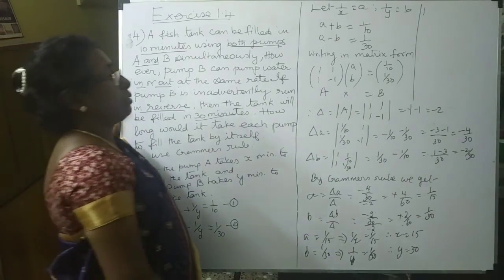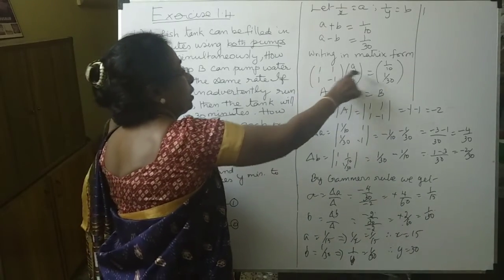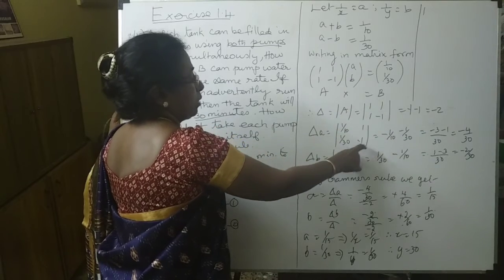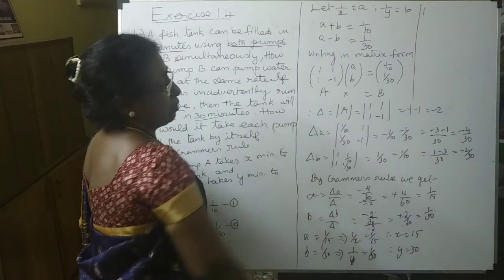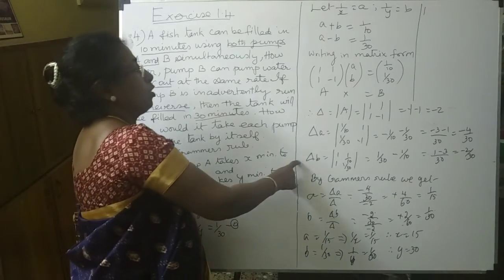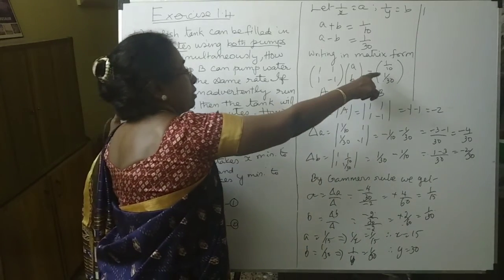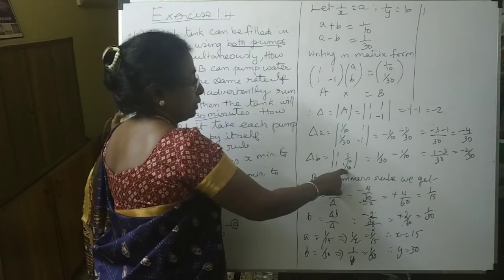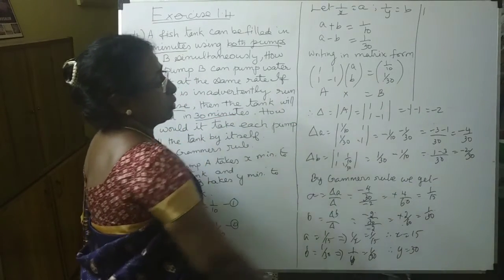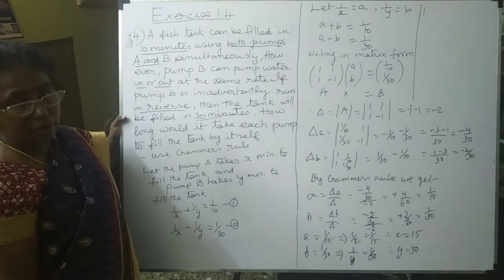Delta A, to find delta A, replace A value by the constant value 1/10, 1/30 and B as it is, 1 and minus 1. Simplify, we get the answer minus 4/30. Delta B, you replace the B value by the constant value 1/10, 1/30 and keep the A value as it is. Expand the determinant, you get the value minus 2/30.